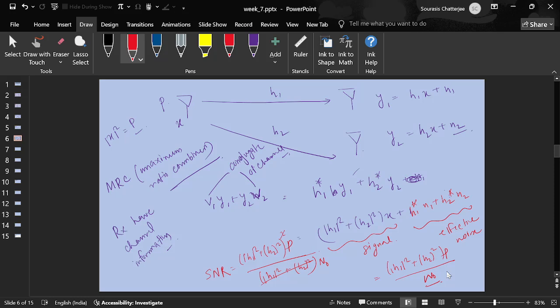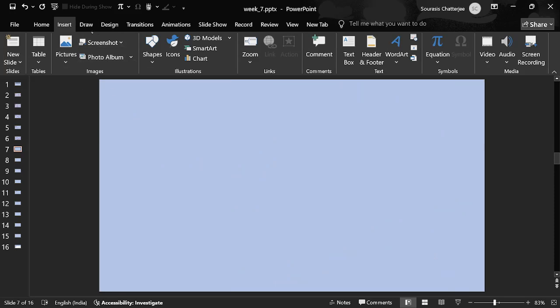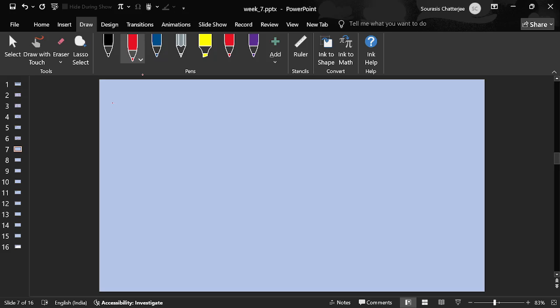My SNR increases, right, by another element. So if I extend to n antennas, we will have a sum of h_i squared, i runs from 1 to n, times P over N0, compared to just h squared times P over N0 in the SISO case.